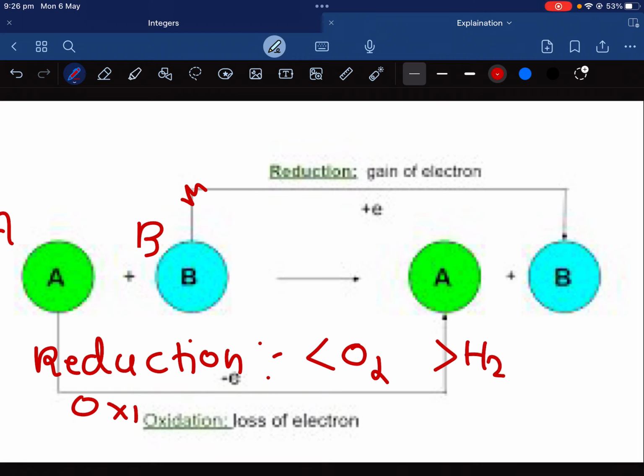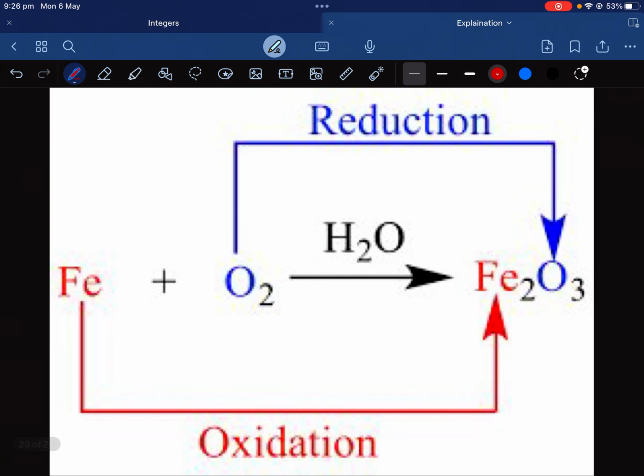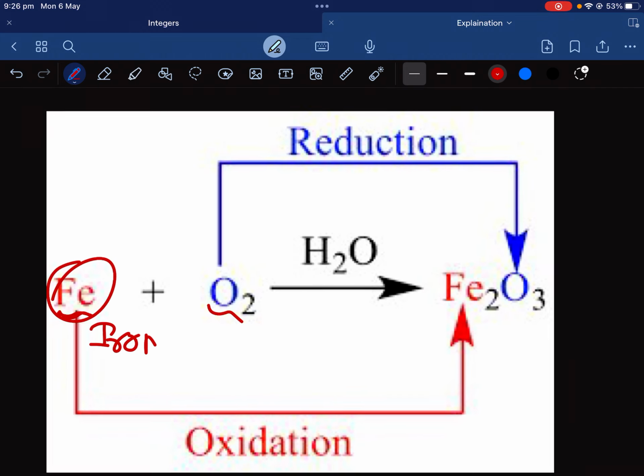And what is oxidation? It is gain of oxygen and loss of hydrogen. For example, we have ferrum, that is iron, plus oxygen.